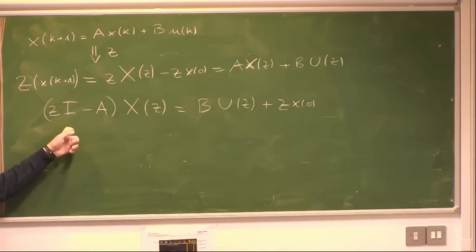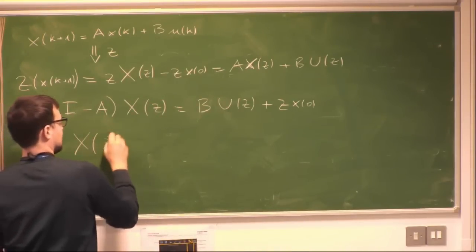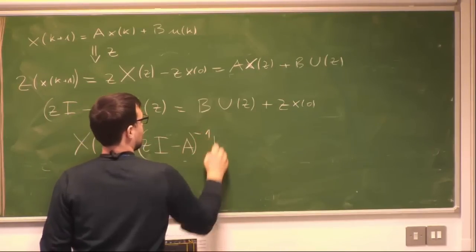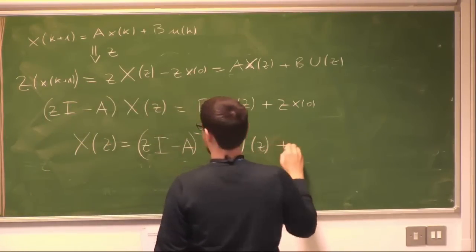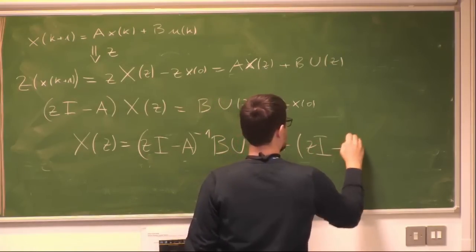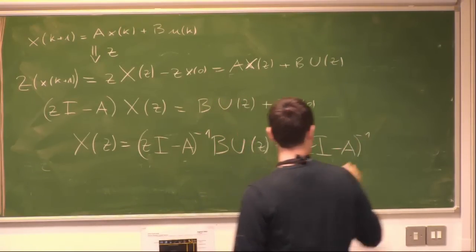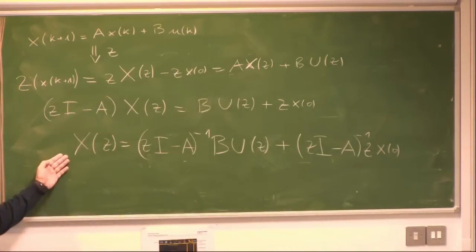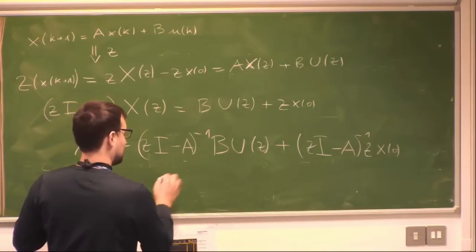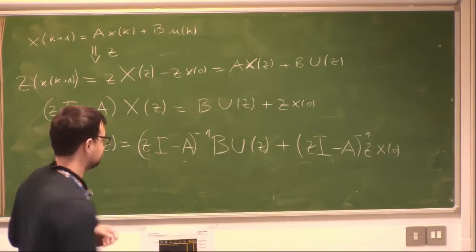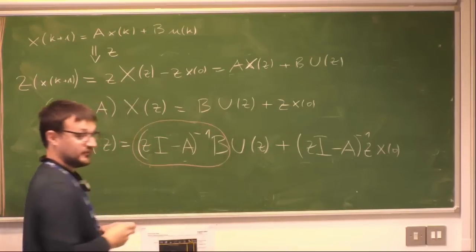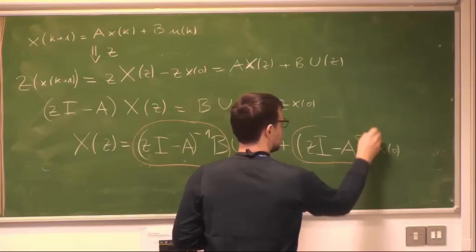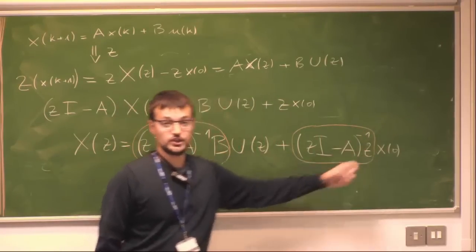If this is invertible, we compute the inverse, and we find that X of z is equal to zI minus A to the power minus 1 times b U of z plus zI minus A to the power minus 1 times z x of 0. So this is the transfer function. Sorry, this is not the transfer function. This is the transfer function between input and state. This is the transfer function between initial condition and state.